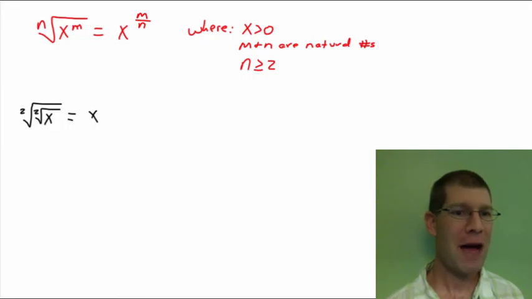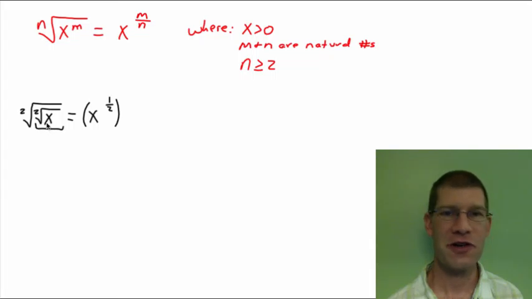That's really not proper, but if we change this to an exponent, we don't know how to combine radicals, but we're good at combining exponents. At least hopefully we are after surviving chapter 7. So if we have x to the 1/2, that's this inner radical, because square root of x is x to the 1/2 power. This outer radical then is going to be another 1/2 power.